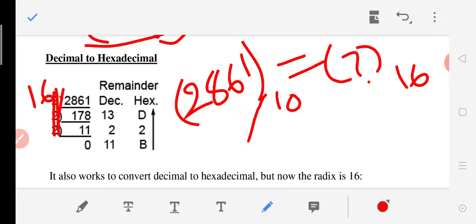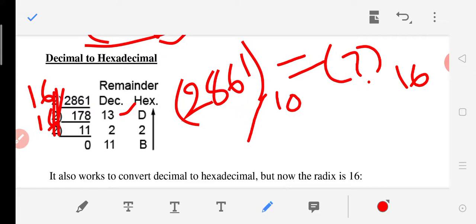Here we want the hexadecimal equivalent, and the base of the hexadecimal number system is 16. That's why we divide with 16 again and again until further division is not possible. So 16 into 178, and so on. Here we get a remainder.